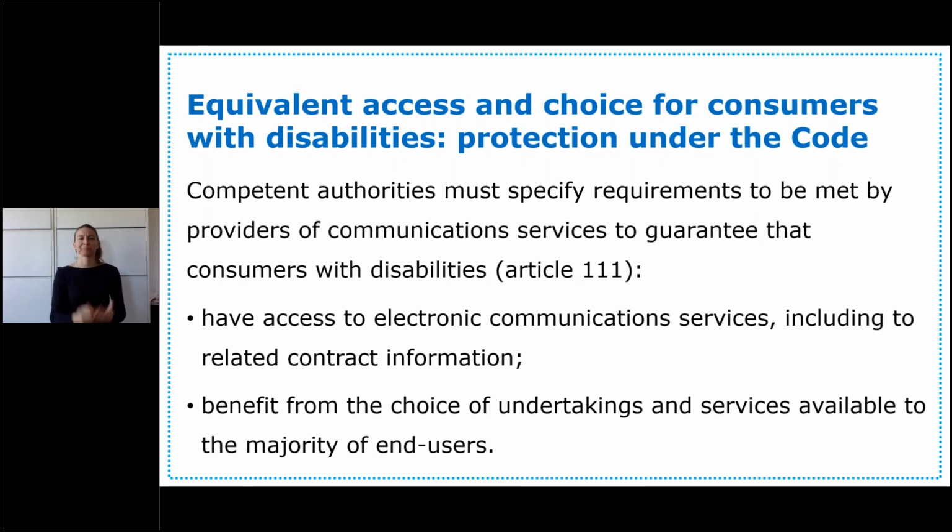And here we come to the core article of the code, Article 111, easy to remember. It is the equivalent access and choice for end users with disabilities. And in this article, the code sets out the requirements or the objectives that member states should ensure: this equal access and choice to electronic communication services.